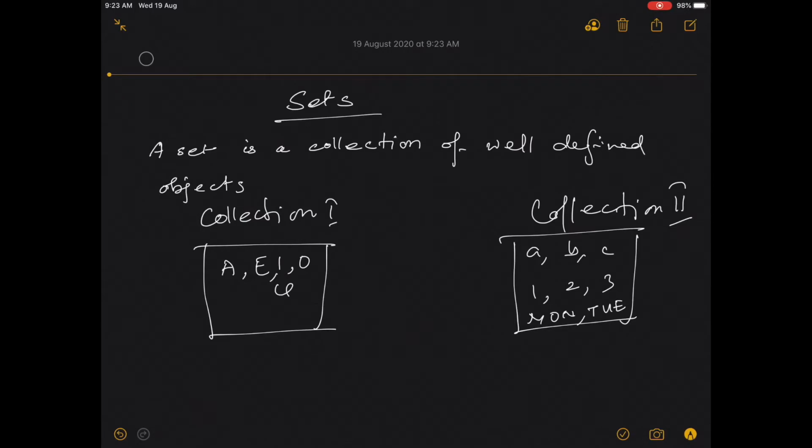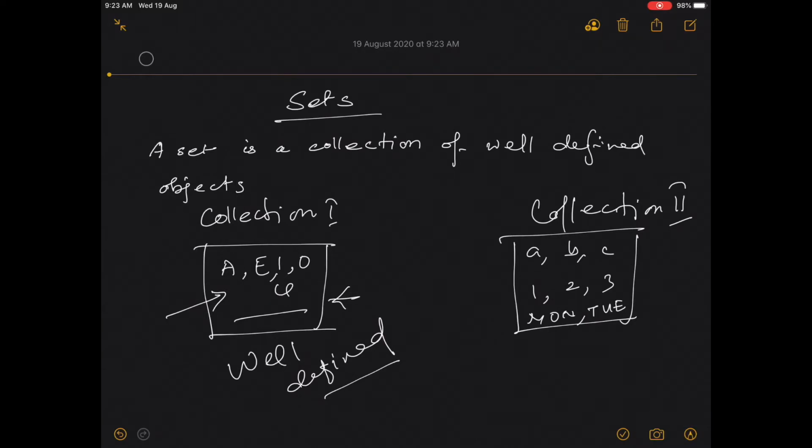Here you see this collection is well defined, because we can say this is a collection of vowels of the English alphabet. A, E, I, O, U.